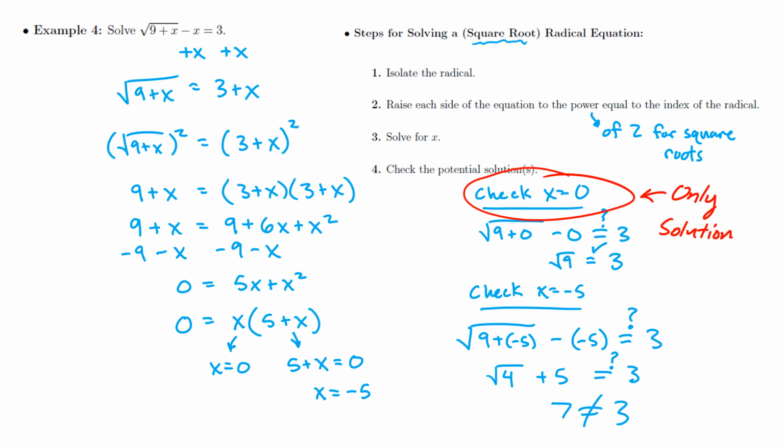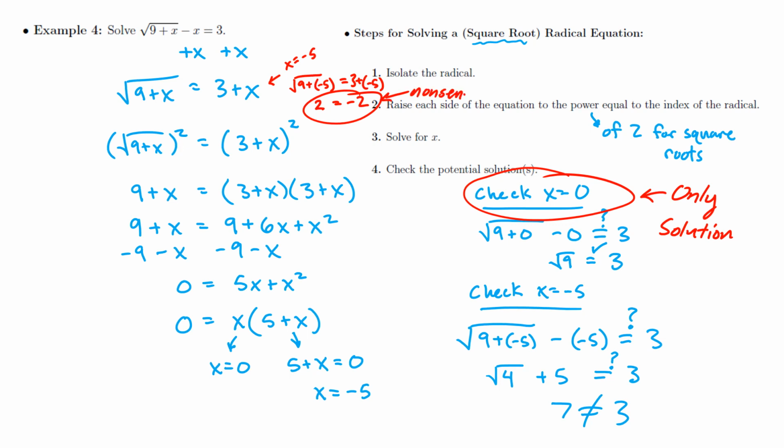Notice that if you plug -5 in here, so if you go x equals -5, at this stage you have the square root of 9 plus -5 equals 3 plus -5, which is going to just be 2. Square root of 4 is 2, equals -2, which is of course nonsense, right?